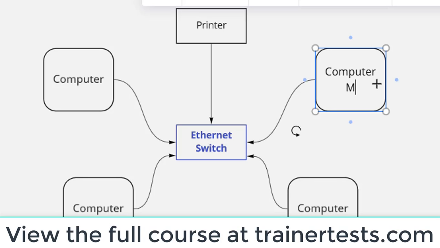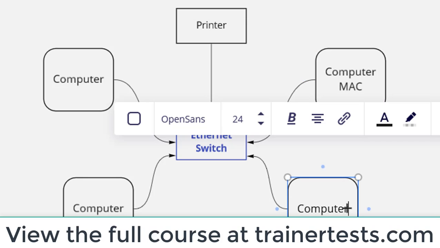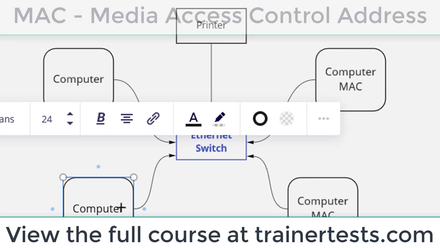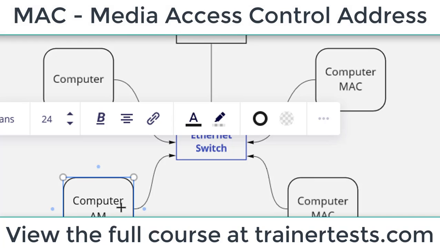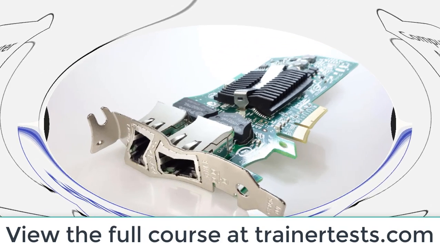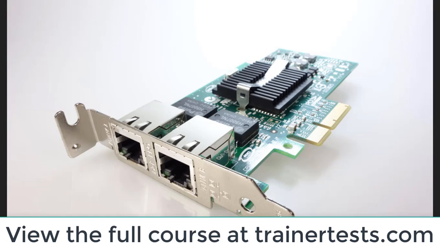And every one of these computers has a network interface card, and every one of those network interface cards has a unique MAC address. A media access control address. So when these hardware manufacturers build this hardware and they do things like create network interface cards, well, for each of these interfaces that you see here, they actually hard code an address in.